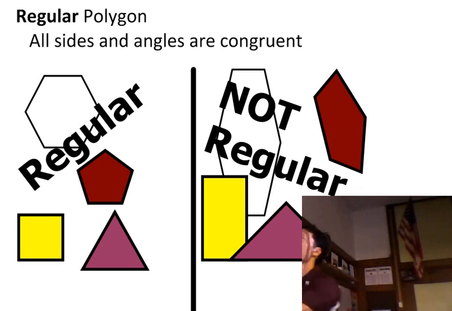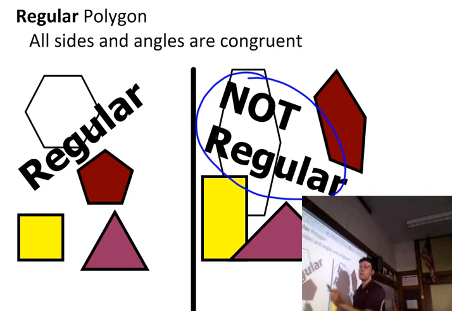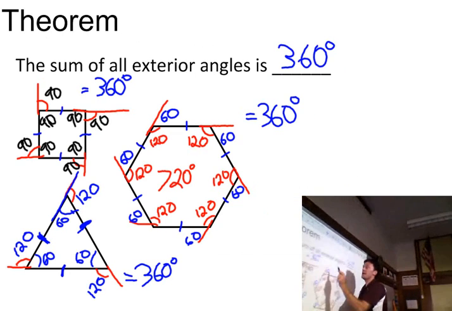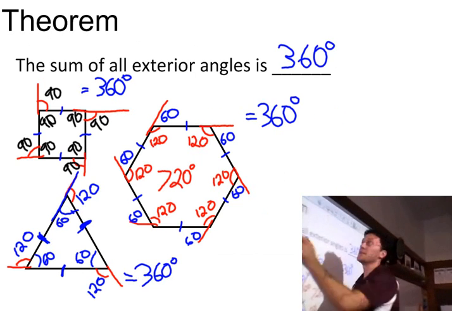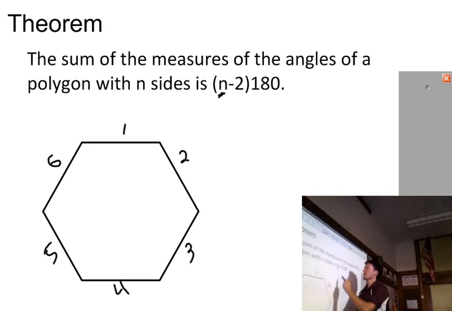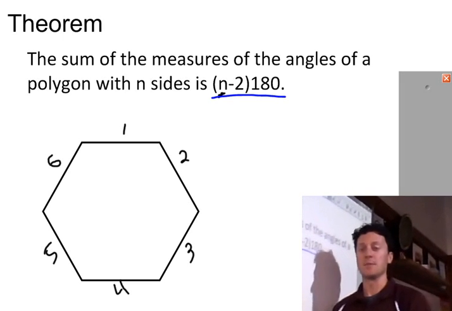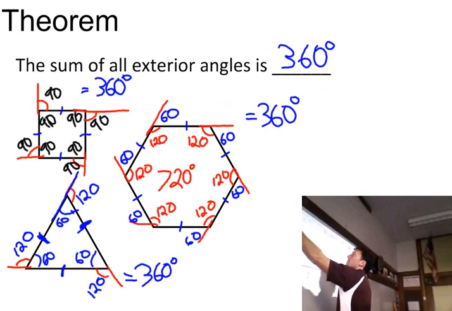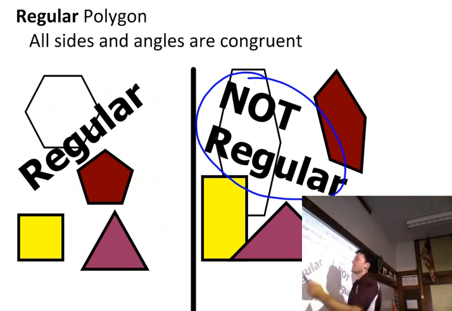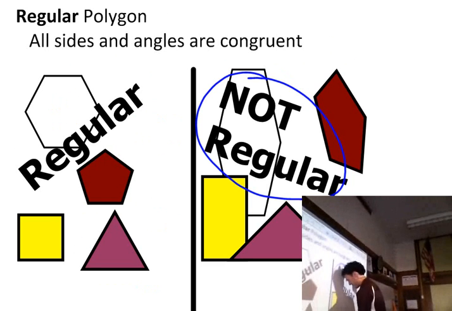It's still going to hold true, though, for these ones that are not regular. It's still going to hold true that all the exterior angles add up to 360, and it's still going to hold true that the interior angles will add up to n minus 2 times 180. Okay, that is it. All right.